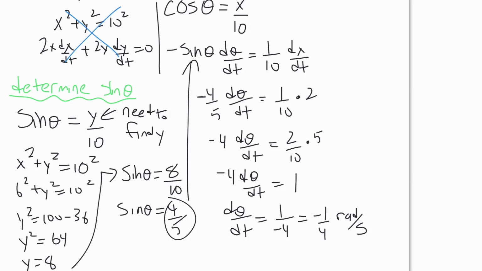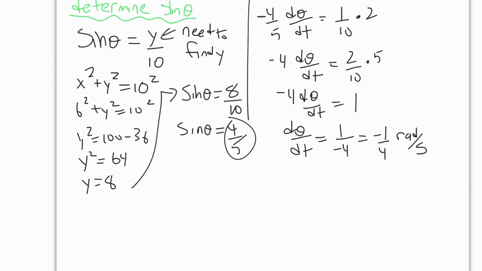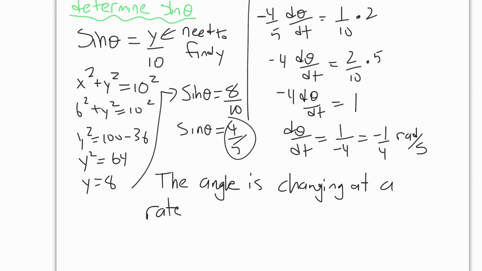So the angle is changing at a rate of negative 1/4 rad per second. Let's write that down in a sentence. The angle is changing at a rate of negative 1/4 rad per second.